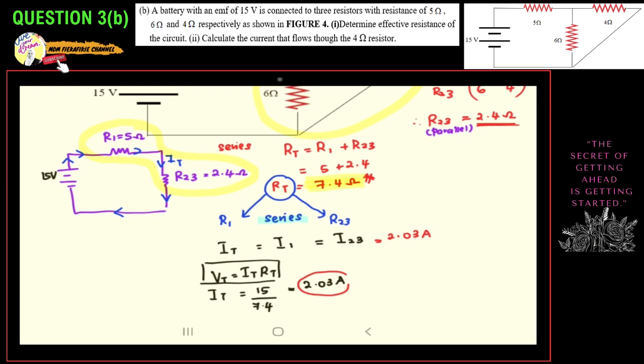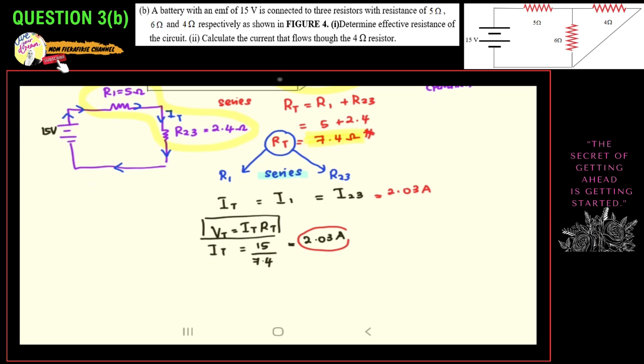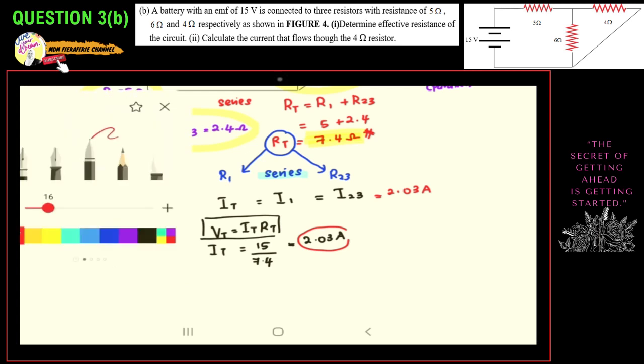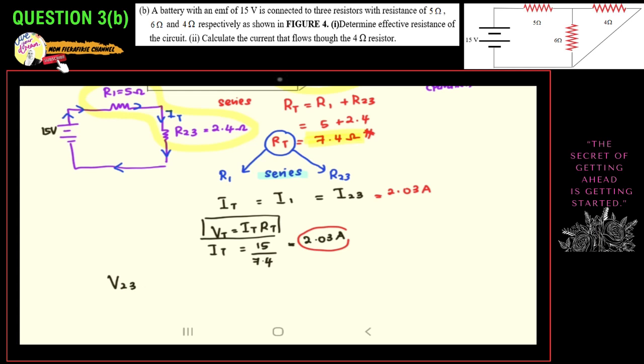Okay, so look at here, R23. When we calculate R23, I can calculate V23. So we go to the third resistor earlier. I put R23 because I want to calculate V23, and it is equal to I23 times R23. R23 we already calculated, which is equal to 2.4, and I23 we also already got.